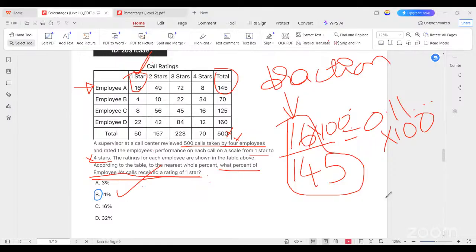When we include the percent symbol, multiplying by 100 is an easy method to remember. So 16 out of 145, you can use a calculator, and it is 0.11. Some other digits are there, but here we need a maximum of 2-digit number. It is 11%.